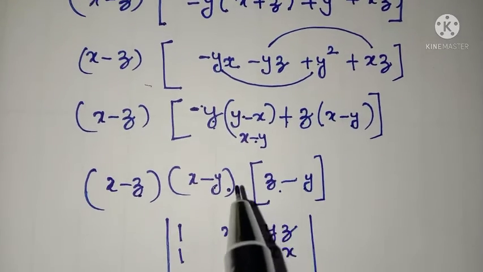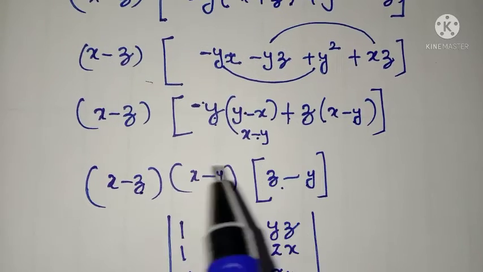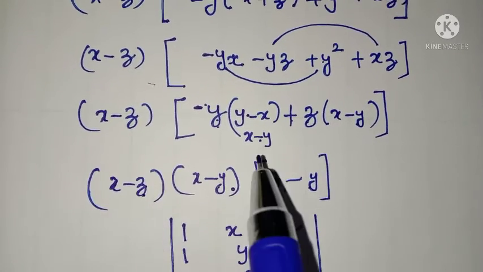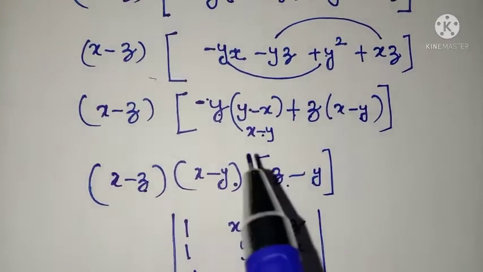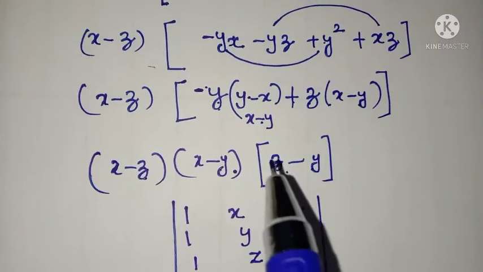You can see the same answer will be obtained by using the cofactors of elements of either the first row or second row or third row or first column or second column or third column.